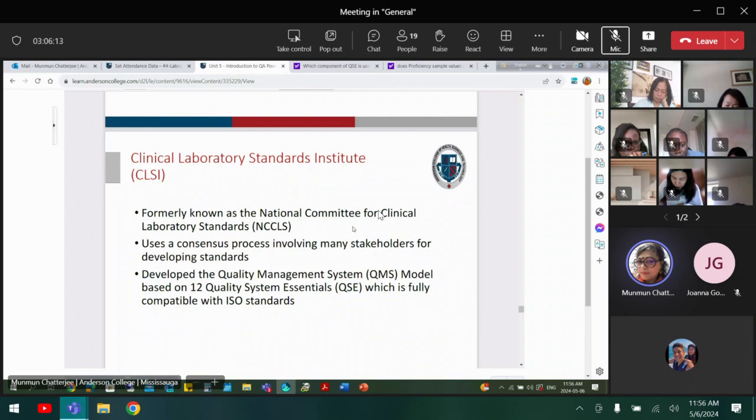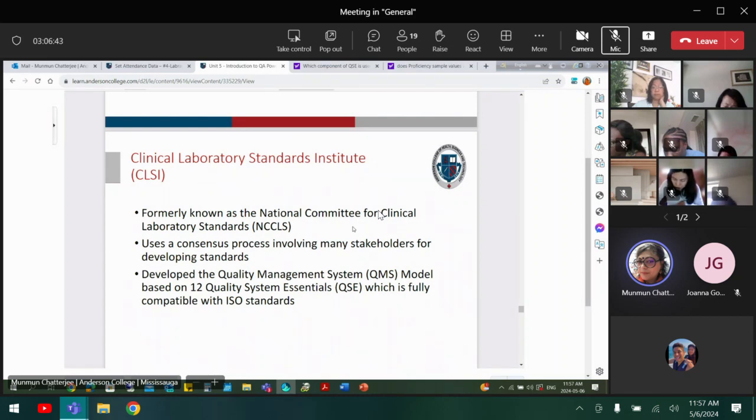It developed the quality management system, or QMS, model based on 12 quality system essentials, which we described. That's CLSI, which is more specific to the clinical laboratory.